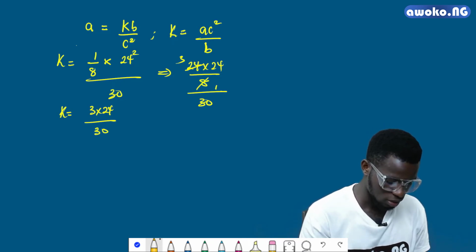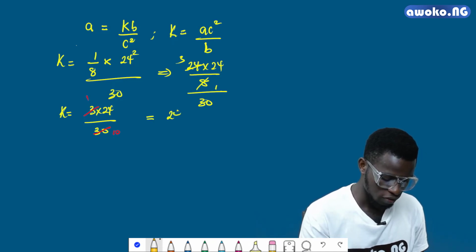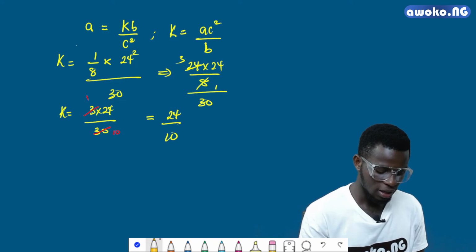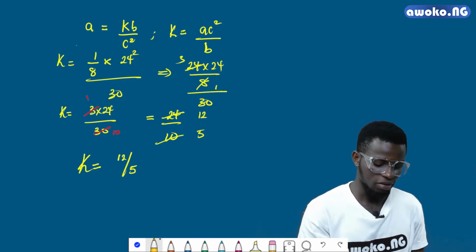So 3 cancels, 3 goes here 1, 3 goes here 10. So we have this equal to 24 over 10. Dividing through by 2, this is 12 and this is 5. Therefore, K is equal to 12 over 5. That is the value of K.